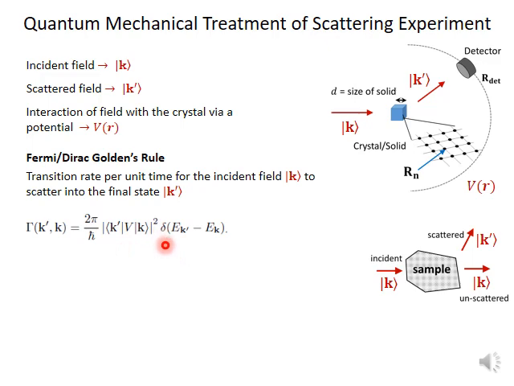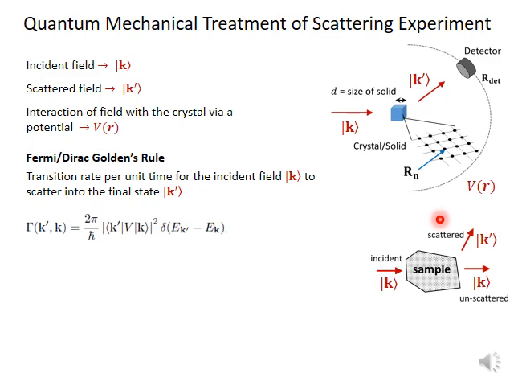And that condition is satisfied for the case of what is called elastic scattering. Elastic scattering would mean that the incident wave and the scattered wave have exactly the same frequency. This is something which we assumed last time as well when we were treating this problem classically.